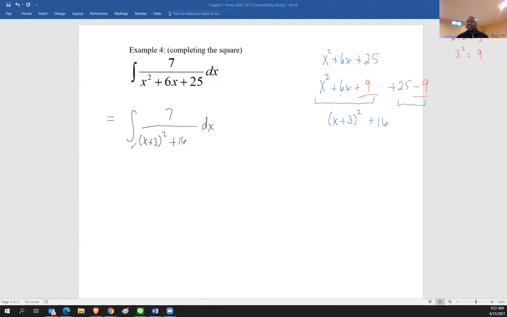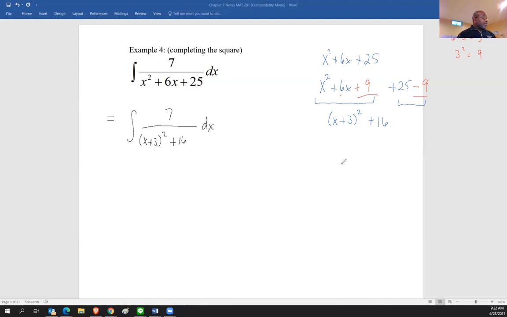Now, by completing the square, we've done something that's really nice. If you look at the form of the integral now, this has the exact form of one of the inverse trig functions, namely the inverse tangent.